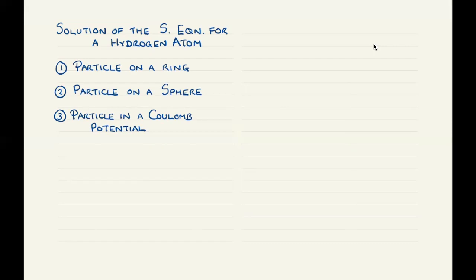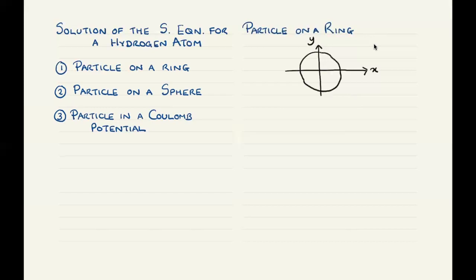Okay, so let's start then with the particle on a ring. So our problem looks like this. We'll confine our electron in the xy plane to be sitting somewhere on this ring, which has radius r.